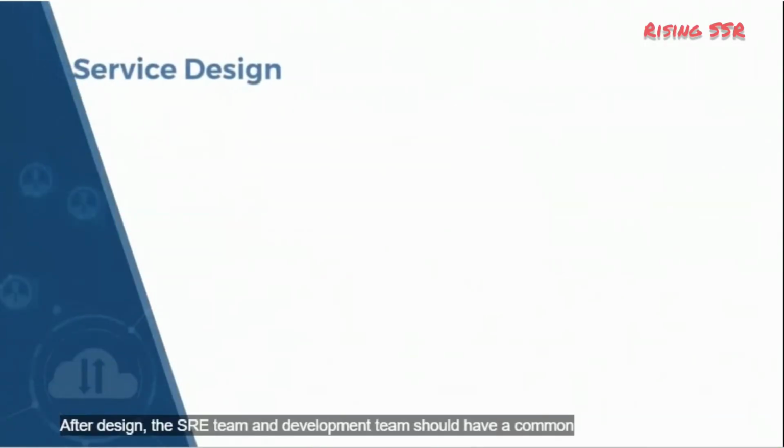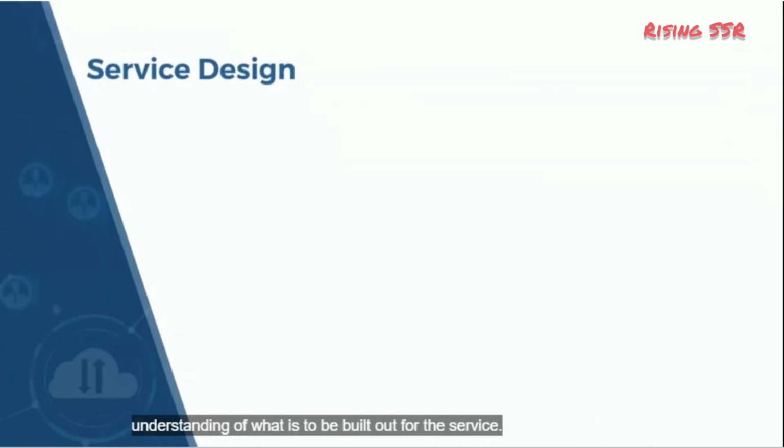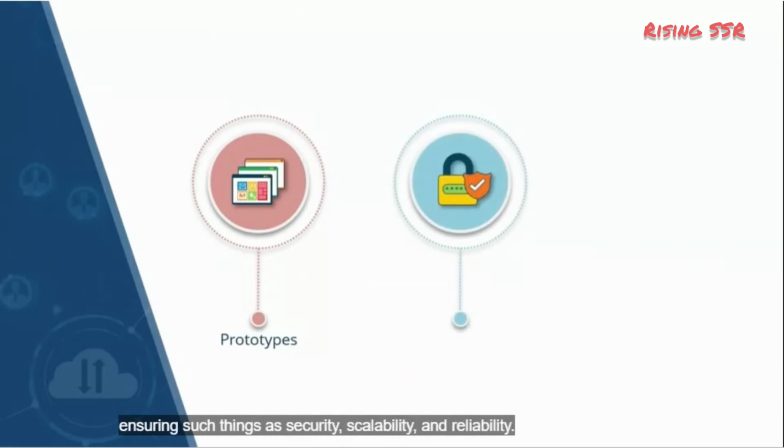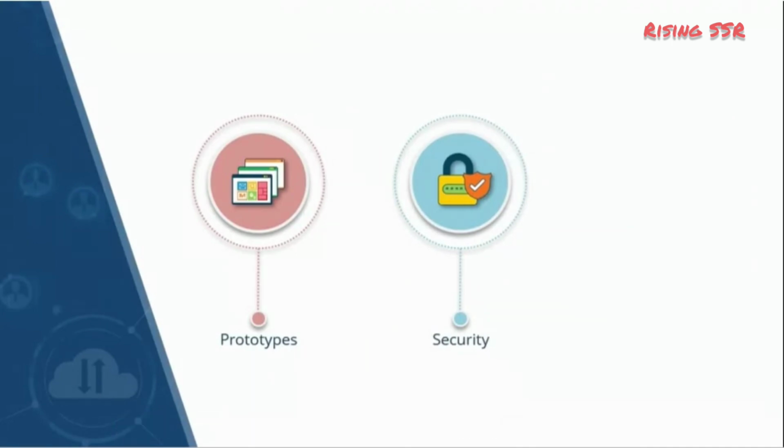After design, the SRE team and development team should have a common understanding of what is to be built out for the service. At this point, the development team can begin to create prototypes which demonstrate their understanding of what the service might be. While the development team does this, the SRE team can focus on the infrastructure for the service, ensuring such things as security, scalability, and reliability.